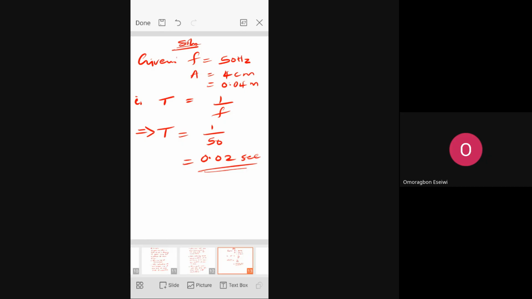Now, the next one says we should find the acceleration at the middle and at the end of the path of oscillation. That's the second question. So back to my diagram here. Look at what they want us to do.